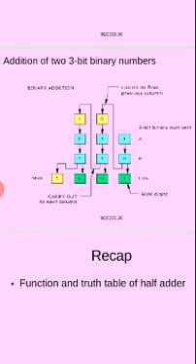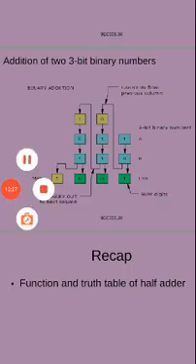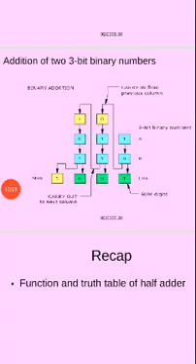In this way, we can add binary numbers that can be 2 bits or 3 bits. It is called a 3-bit binary number. How many 3 bits are taken here? 2 numbers of 3 bits are taken here.